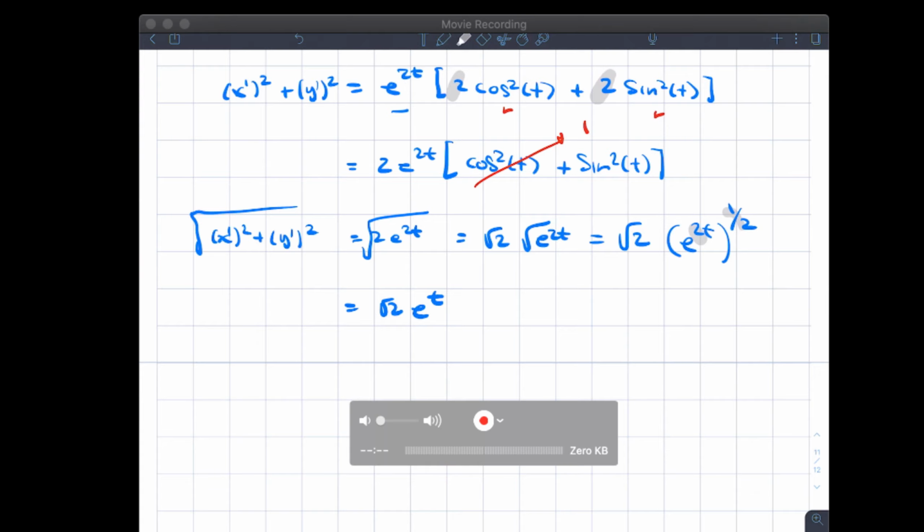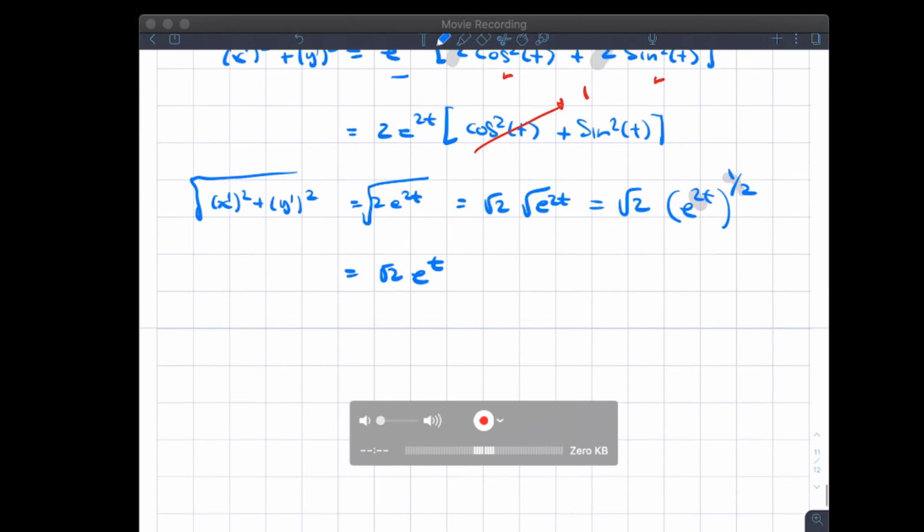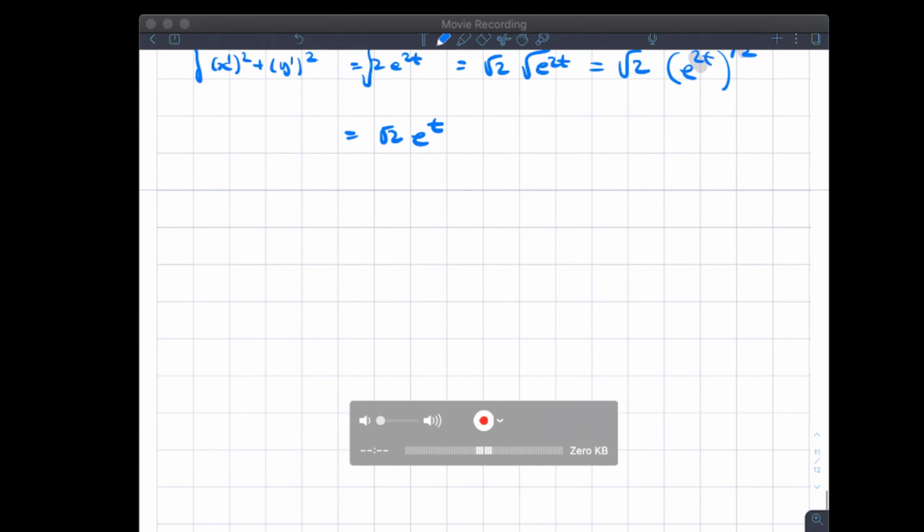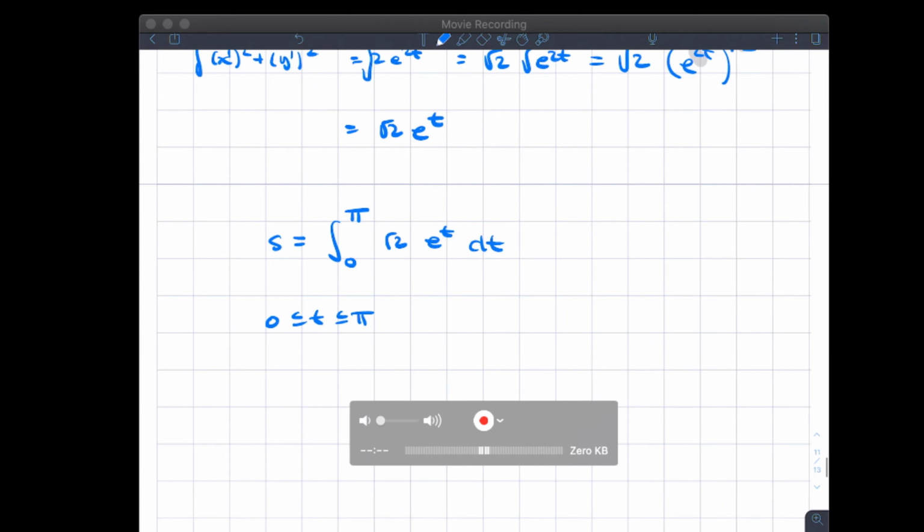The answer is yes. So the arc length formula now, with all that work, we went from 0 to pi, right? That was the original t. From 0 to pi, and that's now the integral of the square root of 2 e to the t dt. Right, so you're going to have to pull that stuff out. Now, the constant that comes out, that's square root of 2.